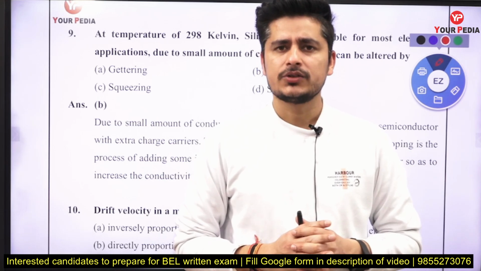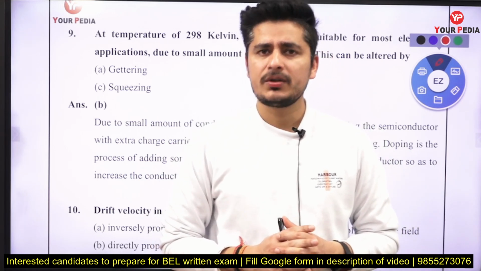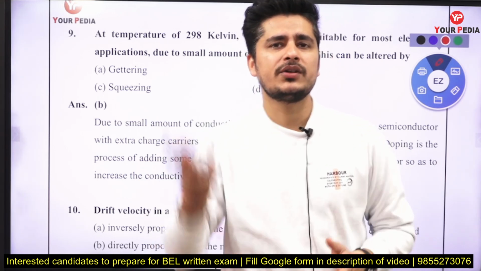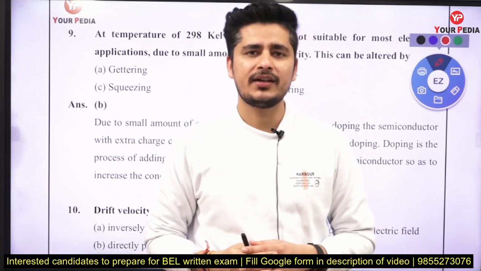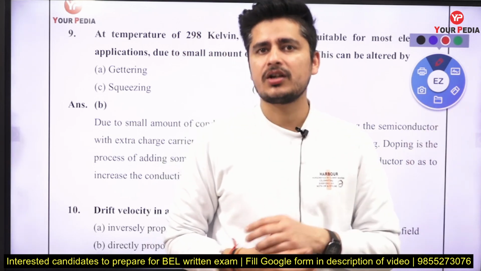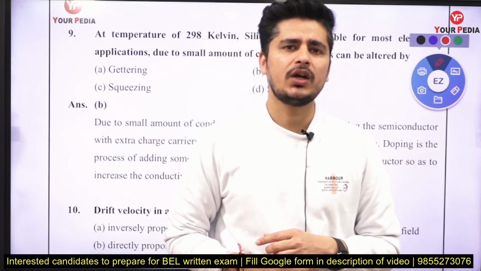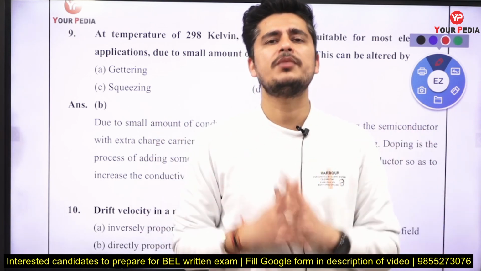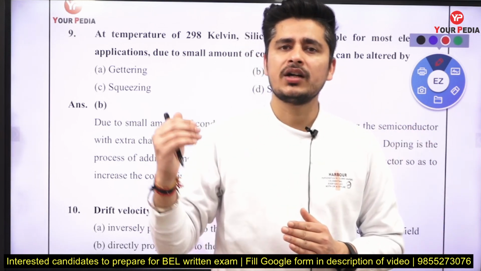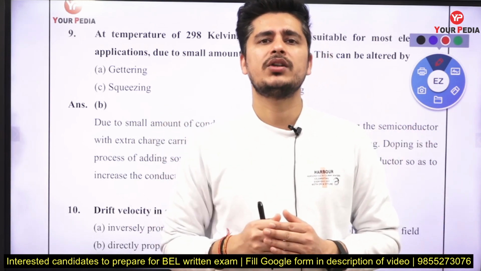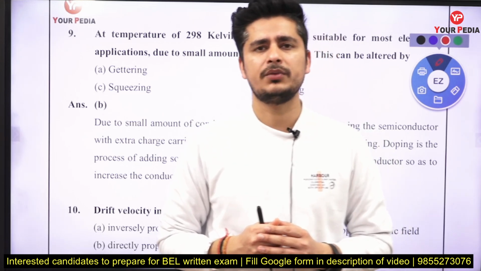At room temperature we can't use the electronics devices at 400 Kelvin, so that there would be a sufficient amount of electrons and holes generated. We want the conductivity to be sufficient so that current will flow effectively, right?